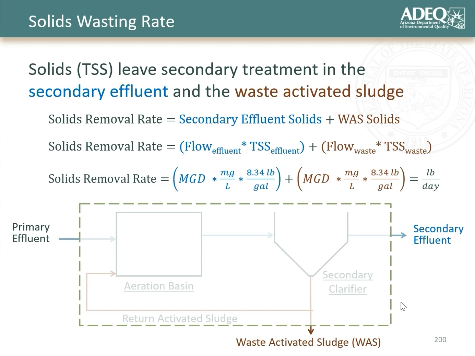In terms of the WAS solids, in terms of how much you're wasting, that is the flow that you're wasting, times the concentration of the WAS in milligrams per liter, which is going to be different than your mixed liquor suspended solids concentration and different than the secondary effluent. So it's how thick the sludge is coming out underneath the clarifier, times 8.34. And that will tell you your total solids removal in pounds per day.